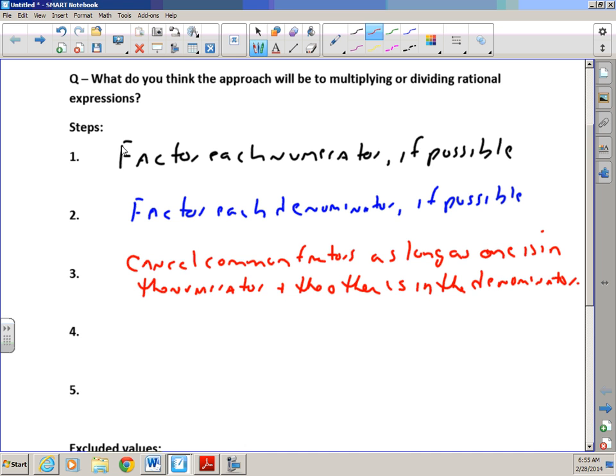Okay? They don't have to be in the same fraction. Usually they aren't, because then I'm just simplifying that fraction.